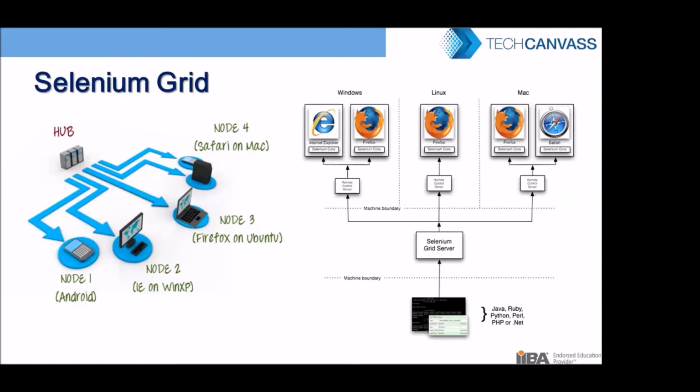If we have 1,000 cases, we can run 333 cases on 3 different machines, or 100 test cases on 10 different machines, with the same settings on all machines. The operating system will be Windows and the browsers will be IE, Chrome, and Firefox. So the basic idea is to reduce the execution time by implementing Selenium Grid.